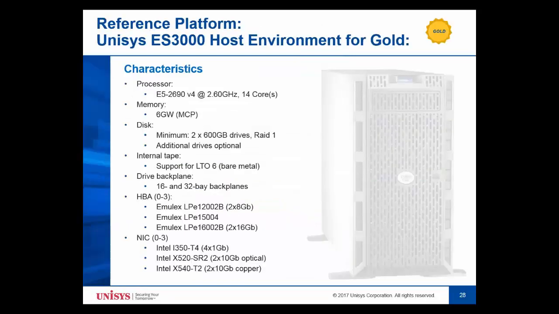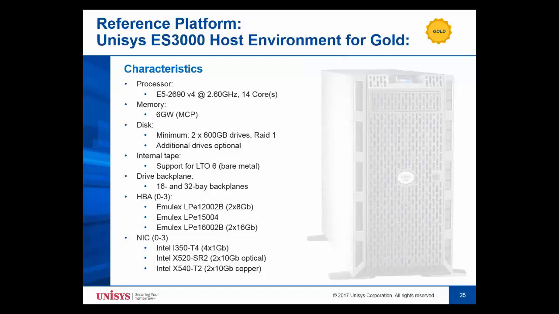Now, we talk about our reference architecture, and we do sell the Unisys ES3000, which would be a perfectly fine example of a standard hardware platform for the MCP Gold environment. These are the characteristics you could look for in an ES3000 server or any server you choose to run Gold on.